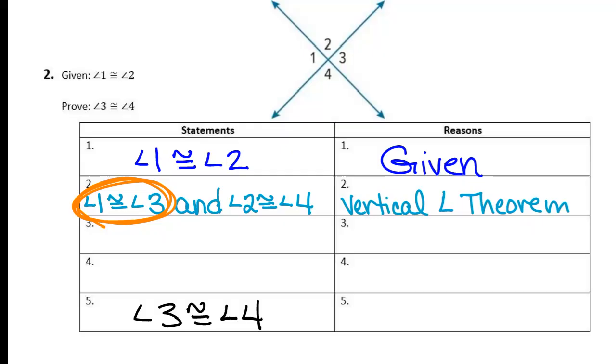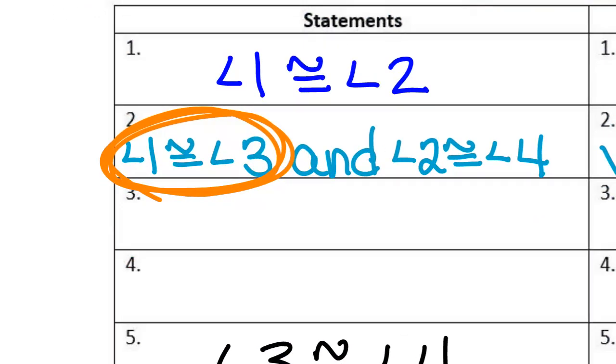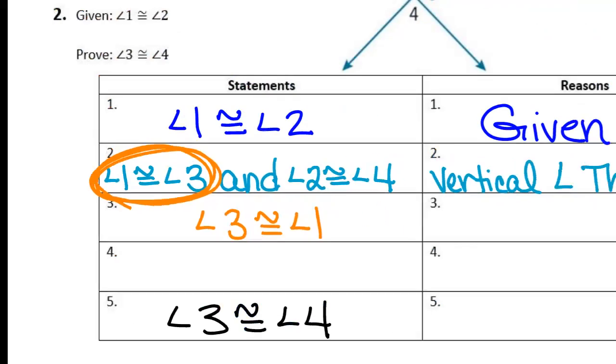Here it's on the right of this congruence. Down here I want it on the left. Up here it's on the right. So I have to find a way of getting it to the other side. So why don't I just take this whole congruence statement and flip it around? If angle 1 is congruent to angle 3, then would it be fair to say angle 3 is congruent to angle 1? What property lets me just take a whole thing and flip it around? Symmetric property.